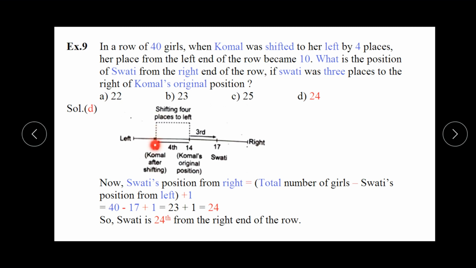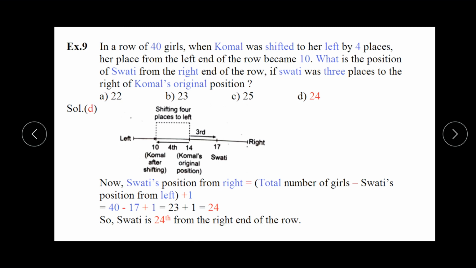After shifting, the position of Komal is 10th, 4 places she was shifted. It means the original position is 14. And from the original position Swati is 3 places to the right side. It means 14 plus 3, that is 17. It means Swati's position from the left side is 17th.